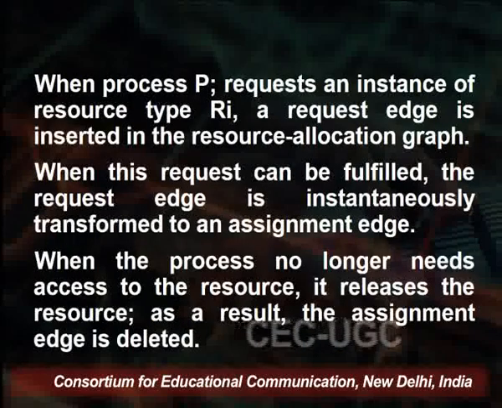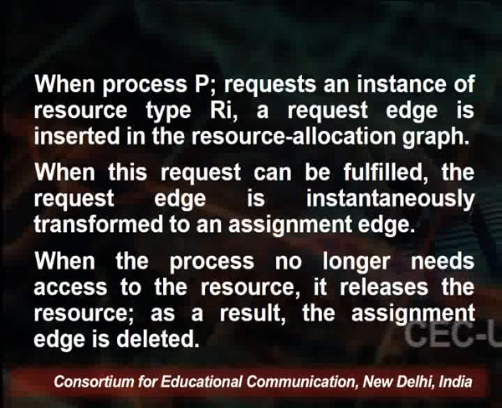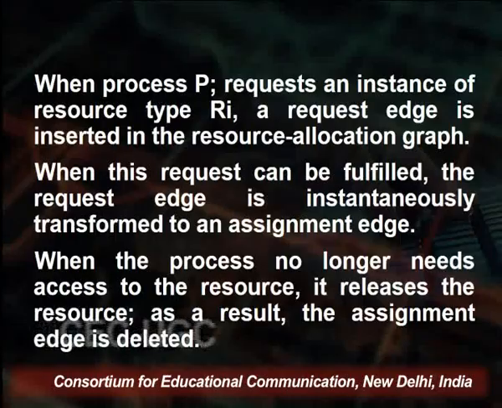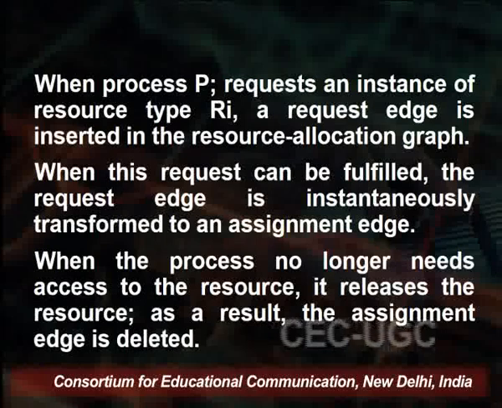Now, coming to how we are going to use all these concepts of vertices and the directed edges, from one direction to another or vice versa, in the construction of the resource allocation graph. When a process is requesting an instance of any resource type, then a request edge must be inserted into the resource allocation graph.